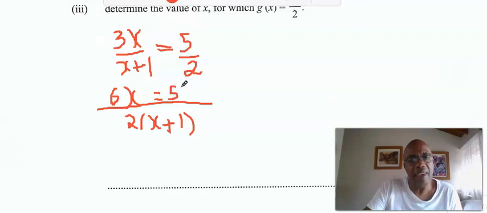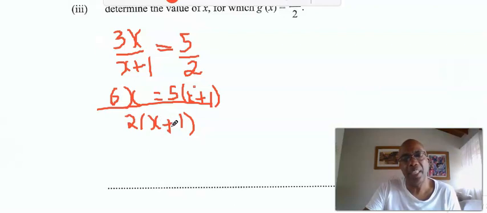We multiply 5 times x plus 1. So in effect, what you have there is 6x over 2 times x plus 1 is equal to 5 times x plus 1 over 2 times x plus 1. So you have 2 times x plus 1 on both sides of the equation. We can just leave it out.